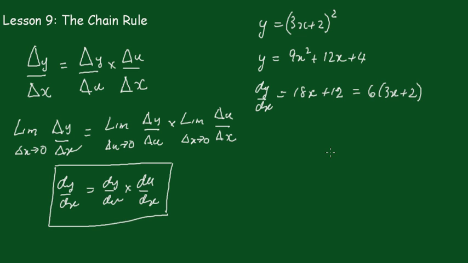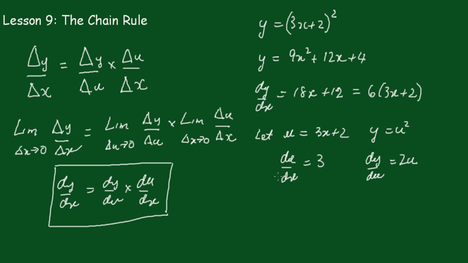Now using the chain rule, we'll say let u equal 3x plus 2. That means that y must be equal to u squared. So du dx is equal to 3 and dy du is equal to 2u.